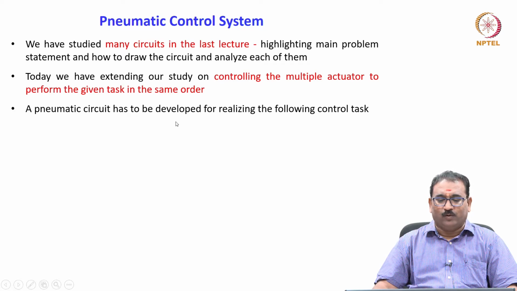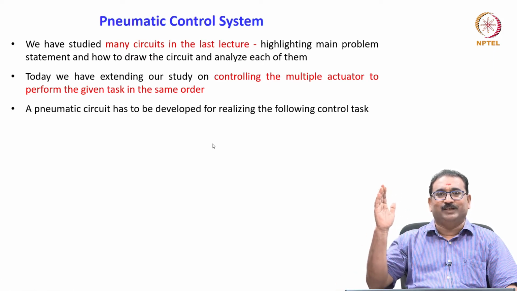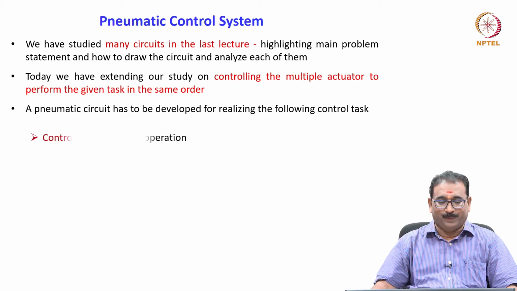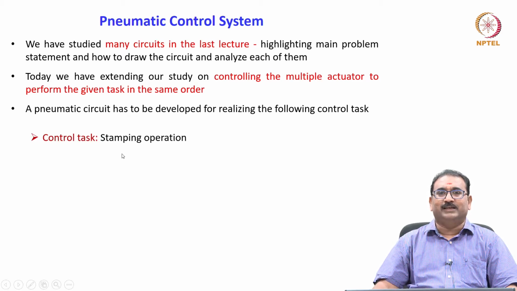A pneumatic circuit has to be developed for realizing the following control task. Until the end I will take this problem and analyze it in each step. The control task is a stamping operation.